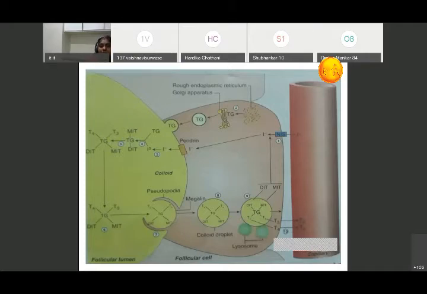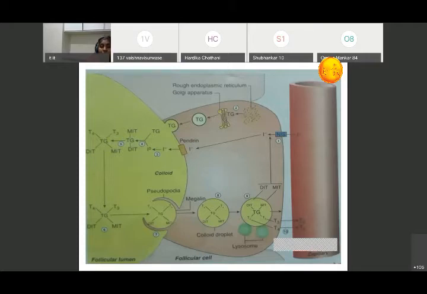Can you see these two vesicles? Yes, colloidal droplets, two vesicles. They are converted into various vesicles. One vesicle contains 5 to 6 molecules of T4 and T3.